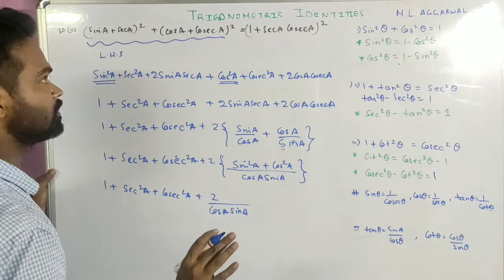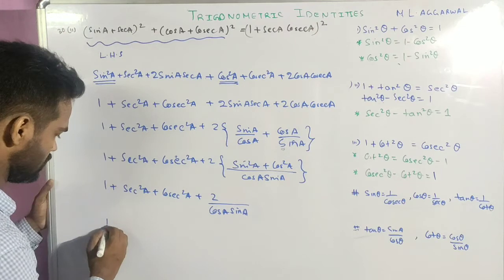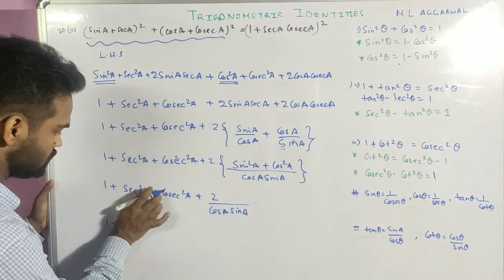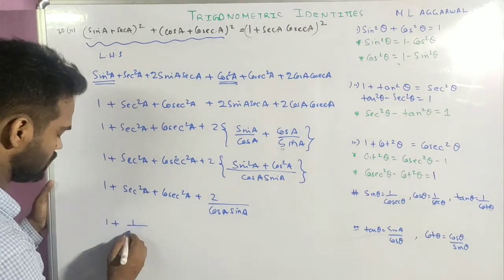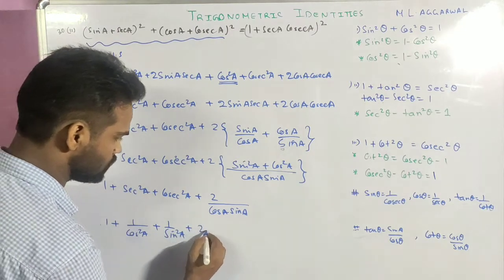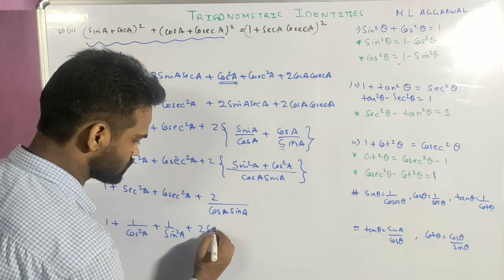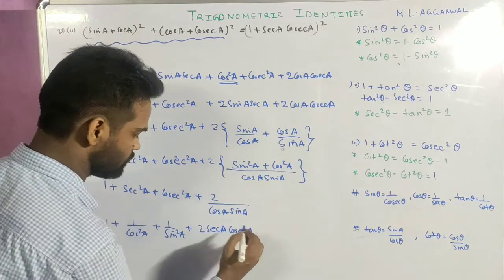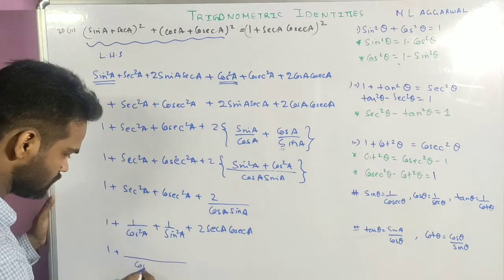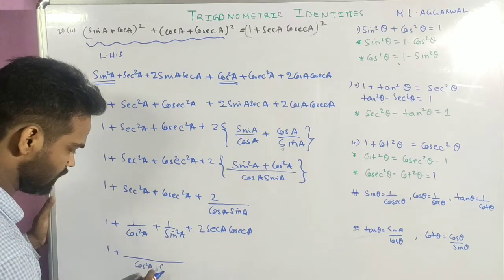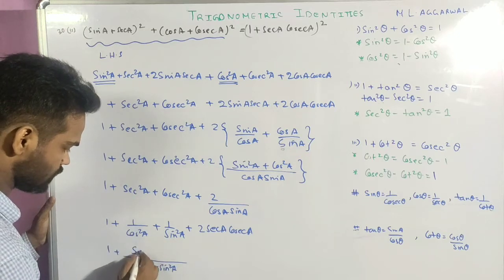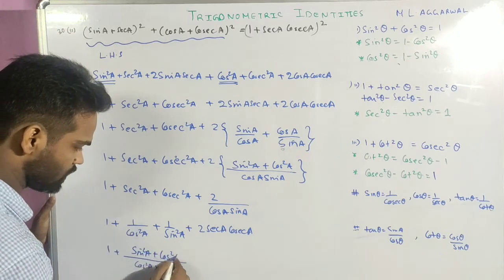Done. Now look carefully. I can write this as 1 plus sec square A. I can write 1 by cos square A plus 1 by sin square A plus 2 sec A cosec A. Isn't it? Now these two again, if I'll take LCM, this is cos square A multiplied by sin square A. So this becomes sin square A plus cos square A. Isn't it?